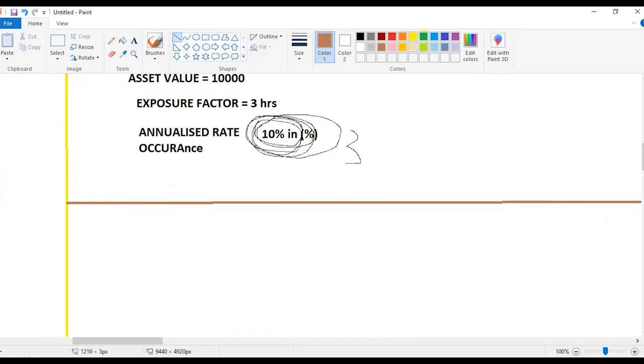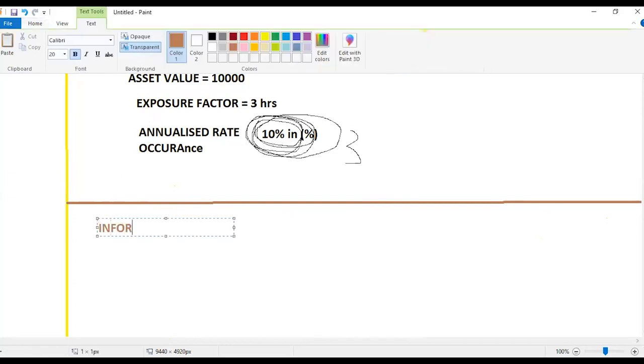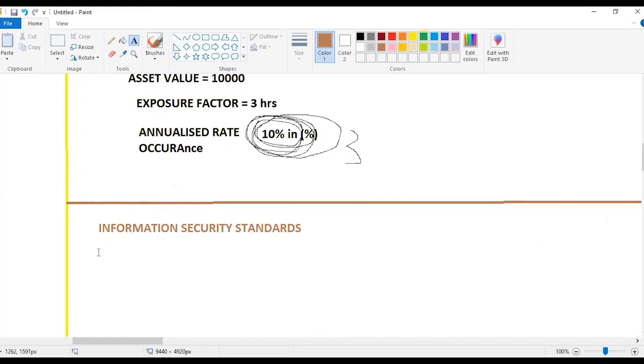Now we're going to do information security standards. These are the standards, policies and procedures which all organizations must follow to maintain IT security.